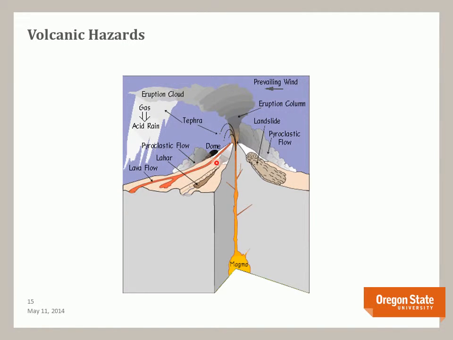We have the pyroclastic flows, which are clouds of hot ash and gases. We have lahars, which are where snow melts and produces a muddy slurry that goes down through river valleys. And we can also get landslides that form as a result of, or even start, the volcanic activity.